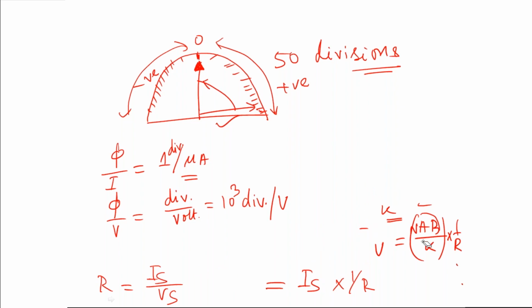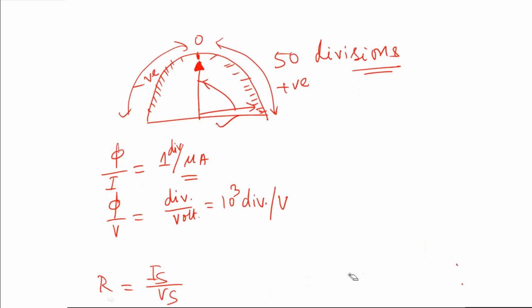Now let us write those values here and calculate. The resistance of the galvanometer Rg will be current sensitivity divided by voltage sensitivity. The current sensitivity is already given: 1 division per microampere.